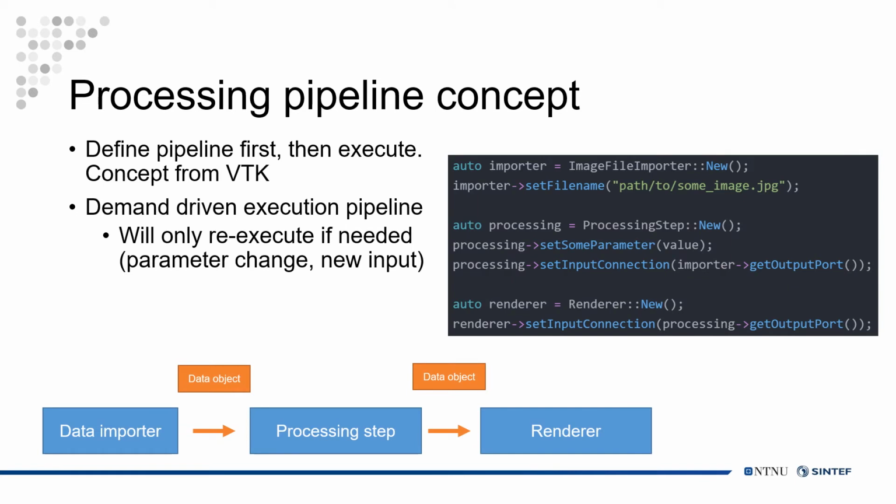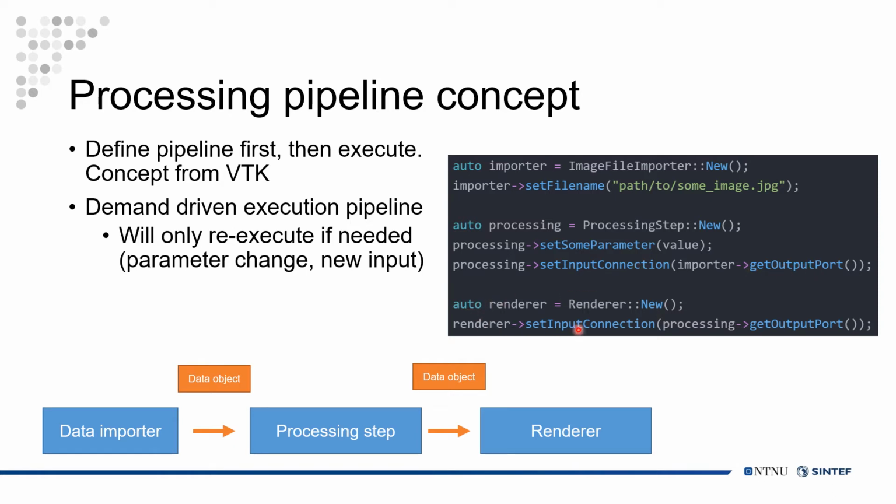Here is an example of how such a pipeline might look. You have a processing step which imports some data, an image. You have a processing step, some algorithm that performs some processing using some parameter. And we connect these processing steps using the set input connection and get output ports.